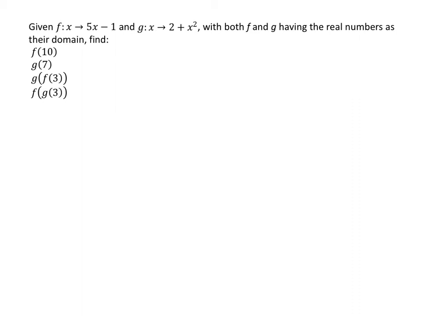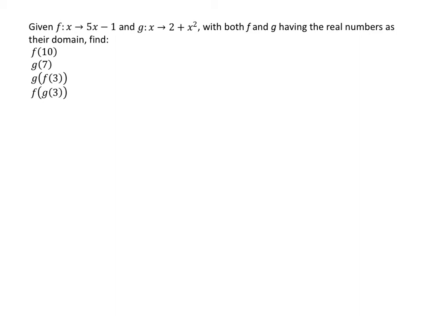When we're given function notation, here we've got f of x is 5x minus 1, and we've got g of x is 2 plus x squared. Real numbers are their domain. What that means is I can put any real number into either one of these functions and get an answer.